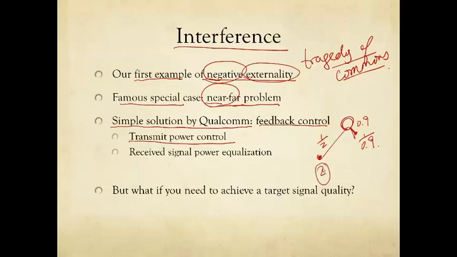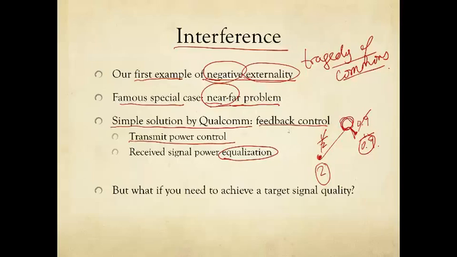Then this power adjustment would cancel out the effect of the channel attenuation, and I will have equalized received signal power from both of you at the base station. So this is a simple algorithm. There's no iteration, and it is through a central command by the base station. And it suffices to achieve equalization of received signal power.